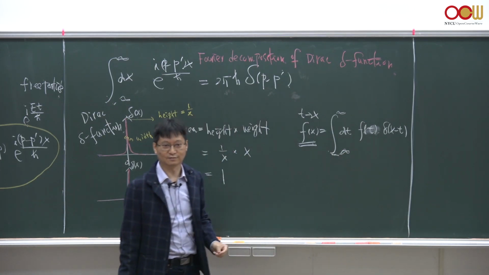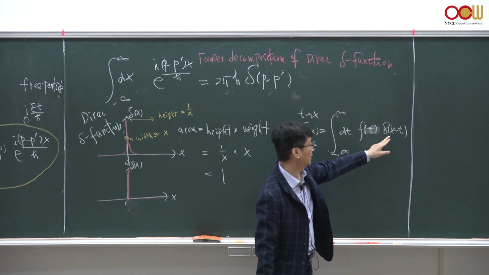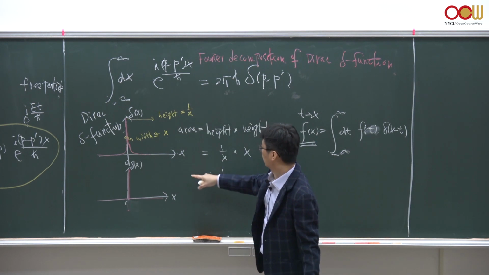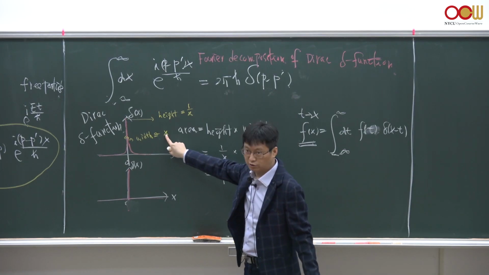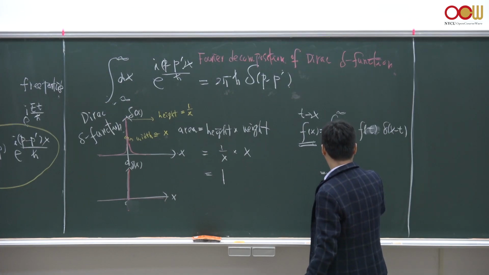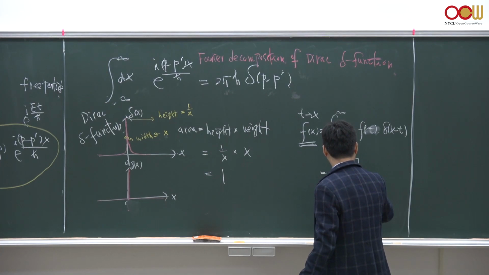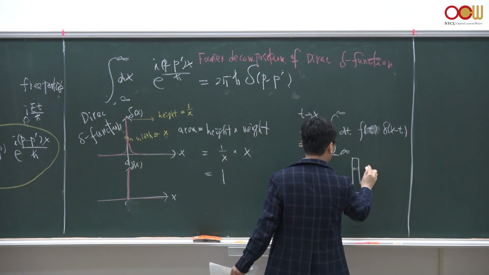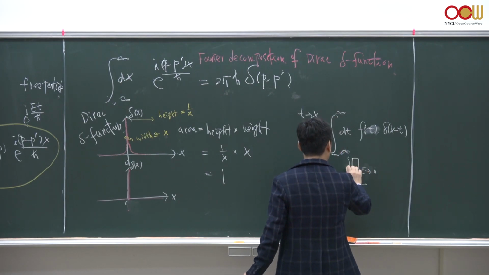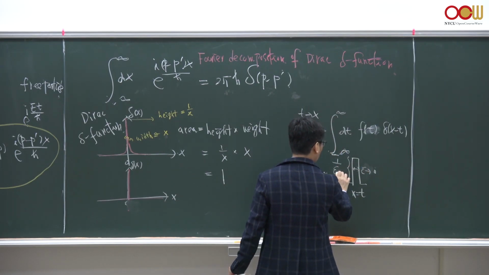But as I mentioned, when x equals t, you get a peak with a height of 1 over epsilon, but the width is also vanishingly small. As a result, the width is of order epsilon, and epsilon goes to 0, but the peak height is 1 over epsilon.